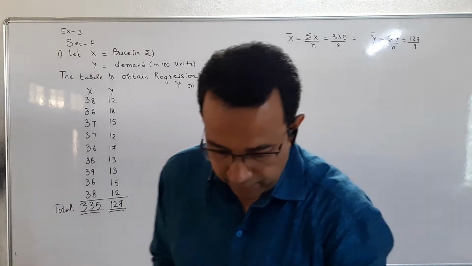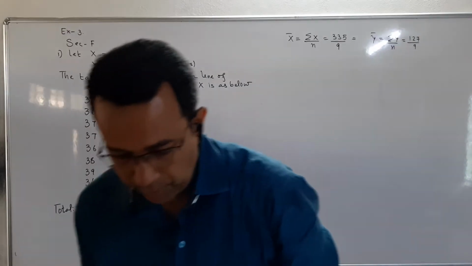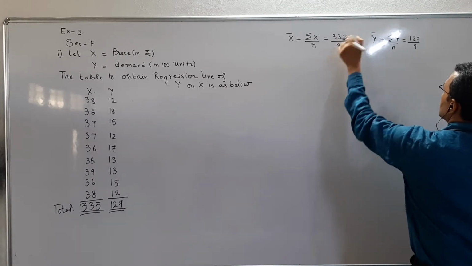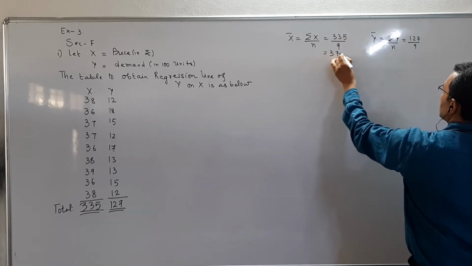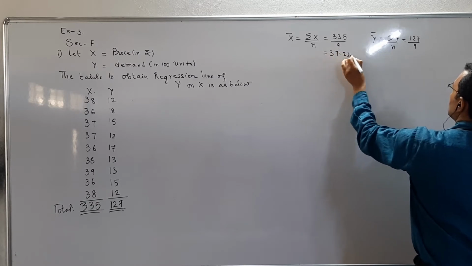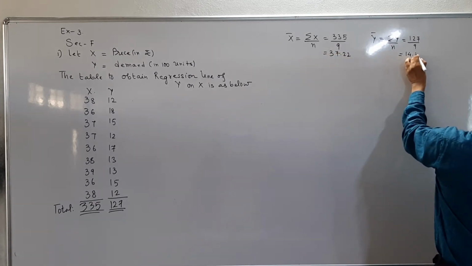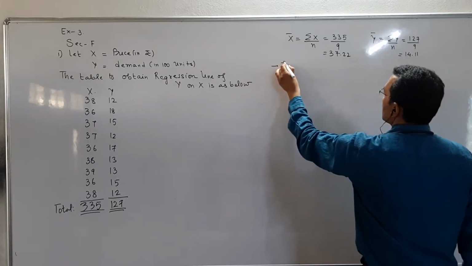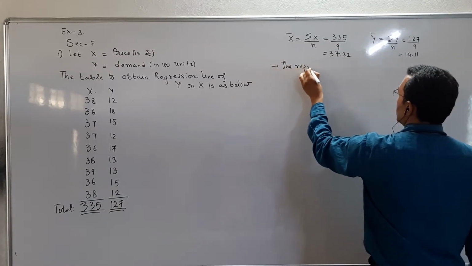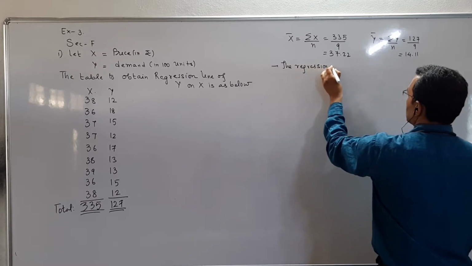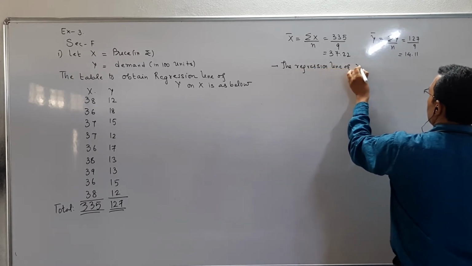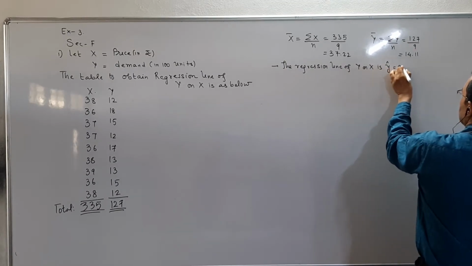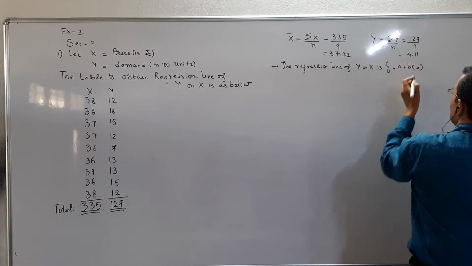So the values of X bar and Y bar are 37.22 and this is 14.1. Now students, the regression line of Y on X is Y cap is equal to A plus Bx.